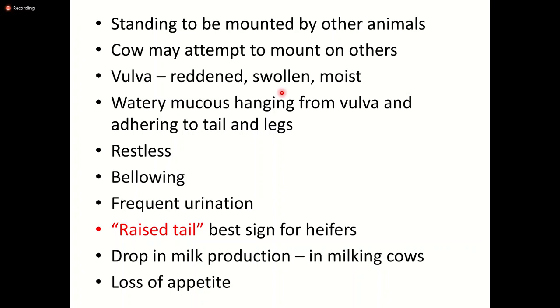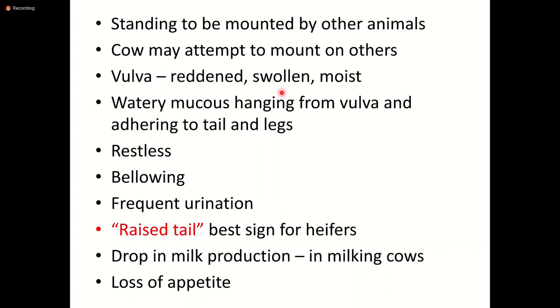They frequently urinate. Sometimes they start bellowing, giving some sounds. And they raise their tail. Also their milk production will be very low during that particular time period. So those are the major signs of heat for these animals.